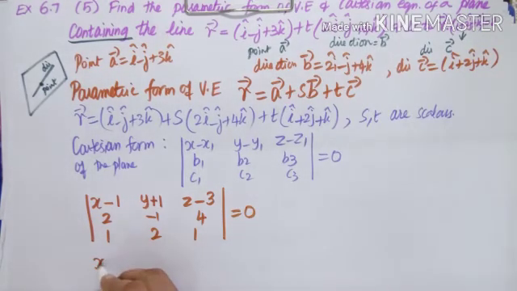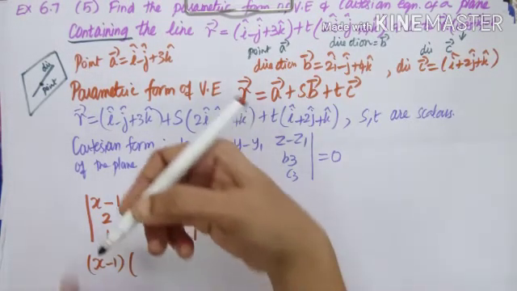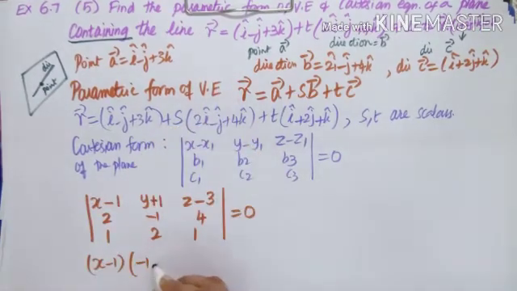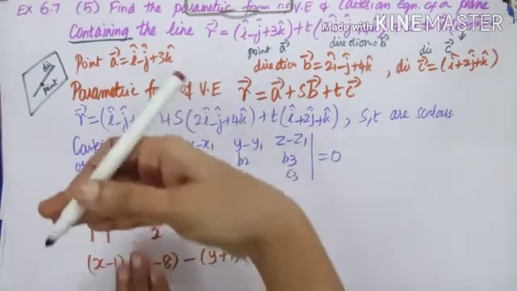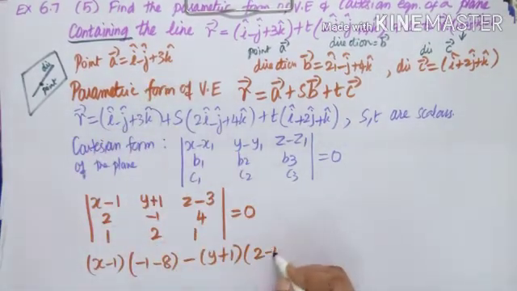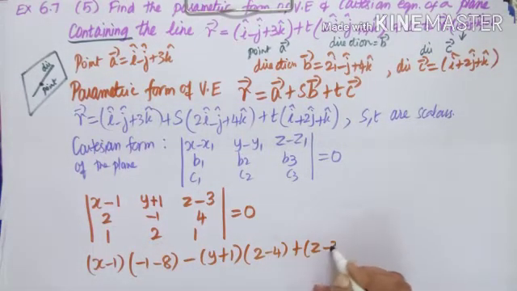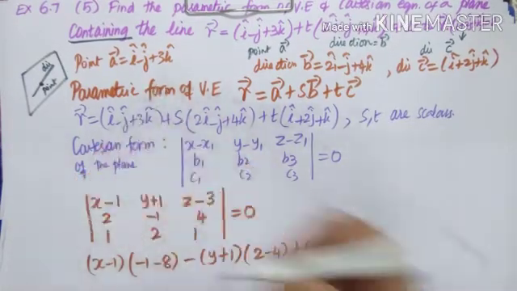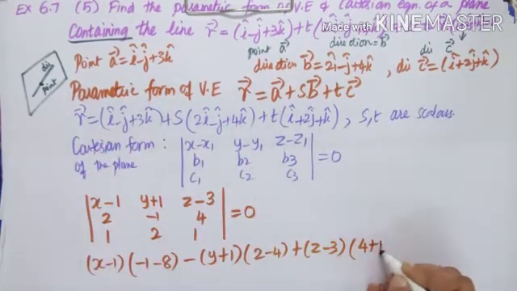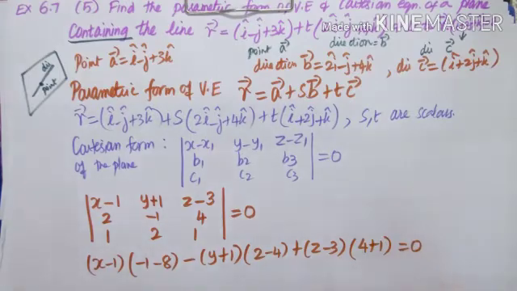Expanding this, it is x minus 1 into, hide the row and column, minus 1 minus 8, minus y plus 1 into, hide the row and column, 2 minus 4, plus z minus 3 into, hide the row and column, 4 plus 1 equals to 0.